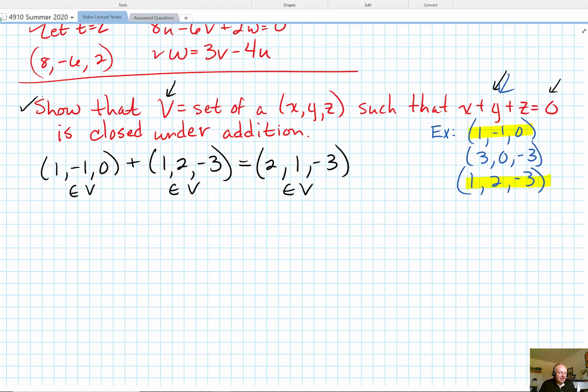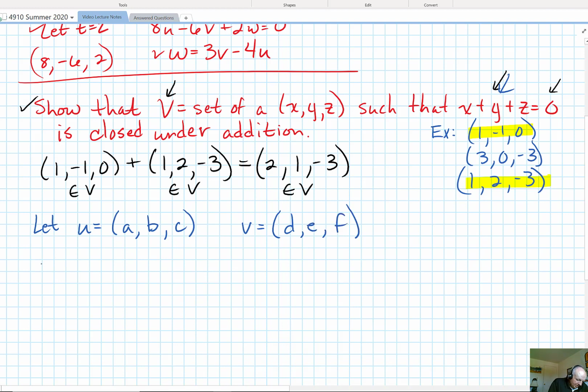Okay. So if I officially wanted to show this, I would have to say, okay, let's take two vectors. One of them we'll call (a, b, c), and the other we'll call (d, e, f). And I want to add those together.